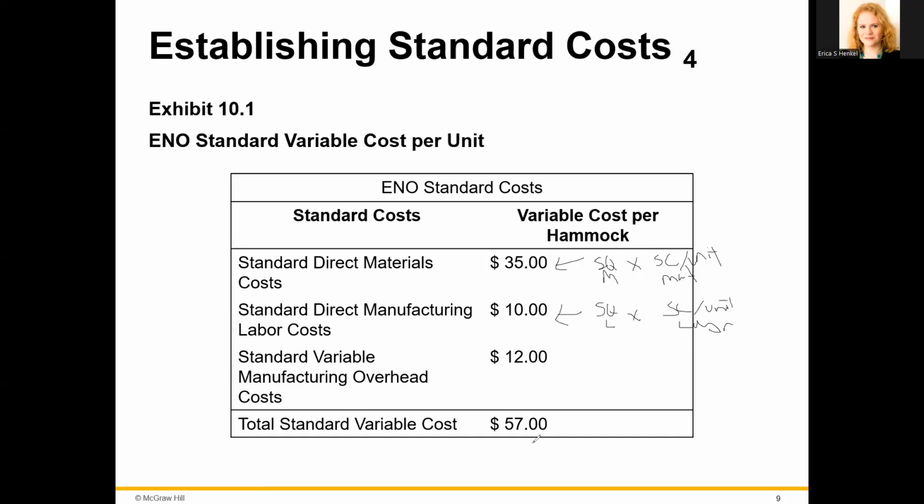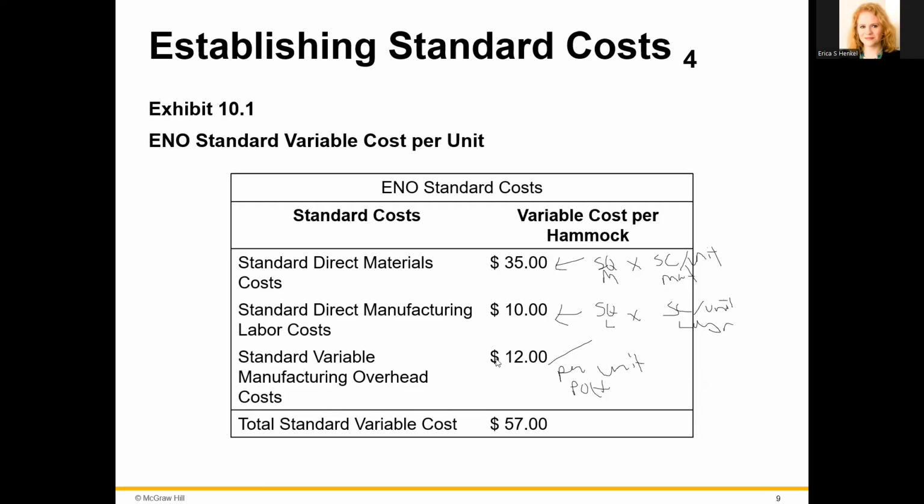And then your standard variable manufacturing overhead costs are going to be based on some fixed costs. Actually, no. So they're breaking these out here. Sorry. Just the per unit. But again, they will have a per unit predetermined overhead rate, okay, that they will be charging out for this one.